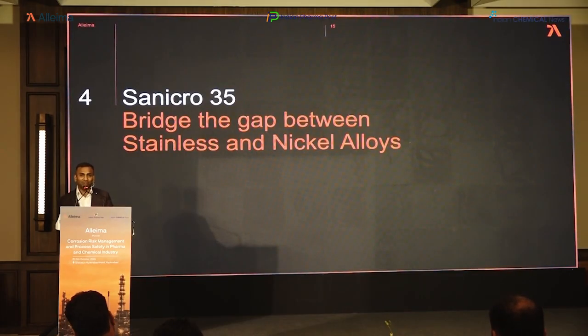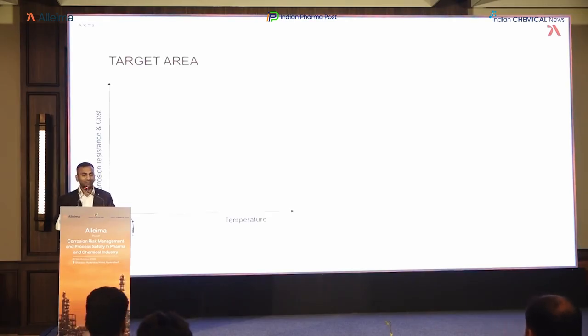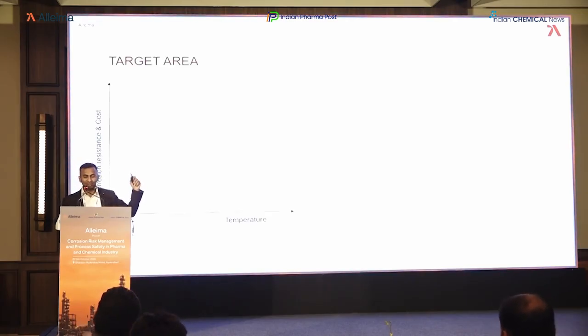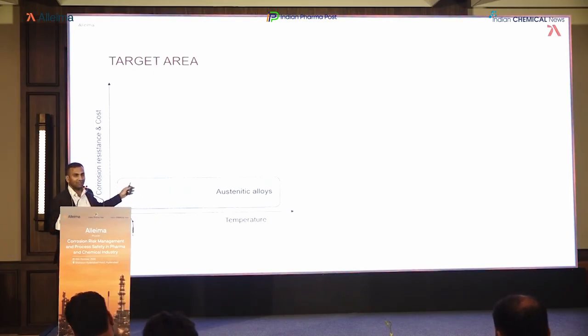So yeah, coming to the hot topic, that is Sanicro 35. It is the material which bridges the gap between high nickel alloys and stainless steel. This is a corrosion resistance versus temperature graph. Normally austenitic stainless steels have very little corrosion resistance, but can be operated in a wide range of temperatures.